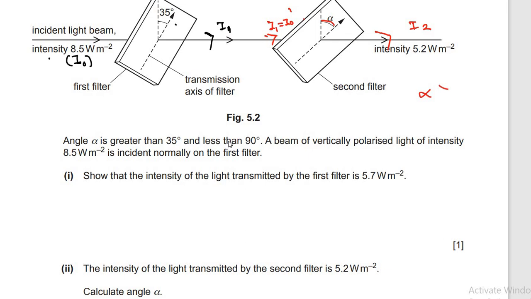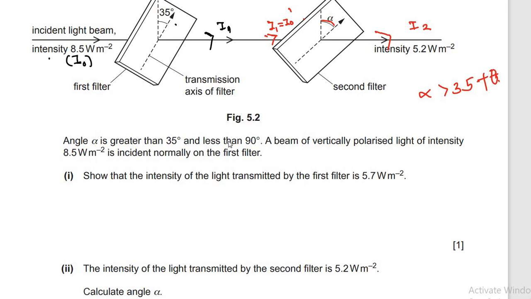Alpha is greater than 35 by what? By which angle? I don't know that theta 1. So to get alpha, I must get theta 1 first. Alpha is greater than 35 by theta 1, which I don't know. I'm coming to it.